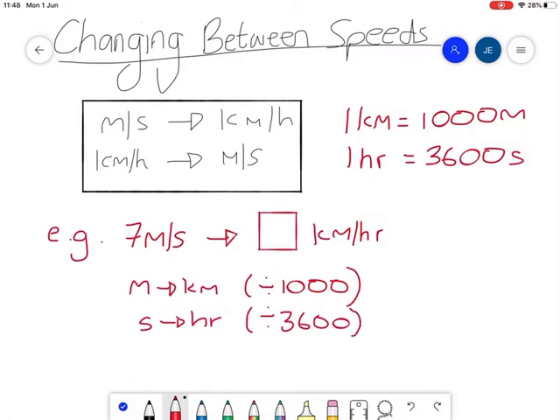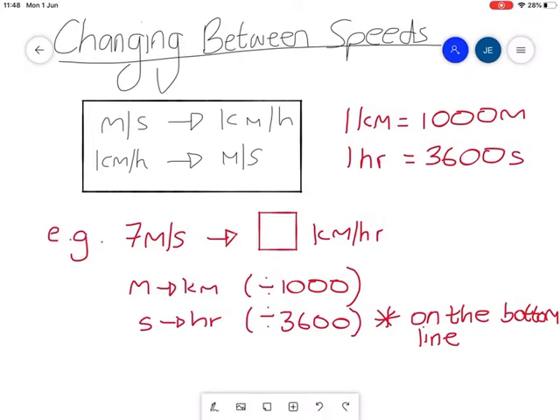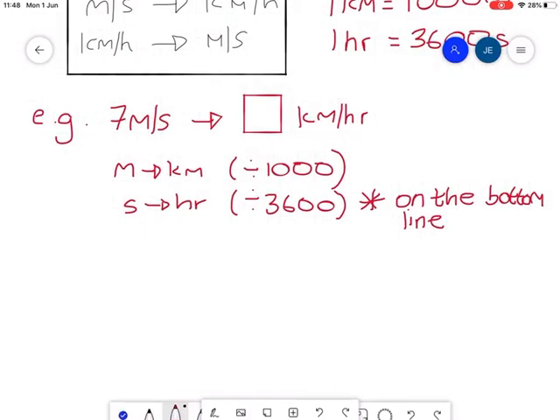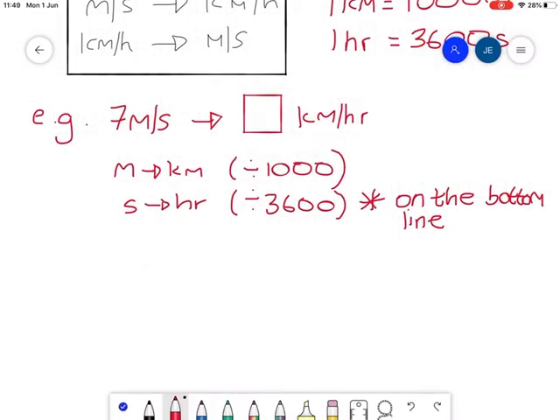But, and this is where this is important, this is on the bottom line. So if that is on the bottom line, then that's actually going to be the same as timesing by 3,600. So if we have a look at what that's going to actually look like, you're going to have 7 multiplied by 3,600, because that is the same as dividing by 3,600 on the bottom line.